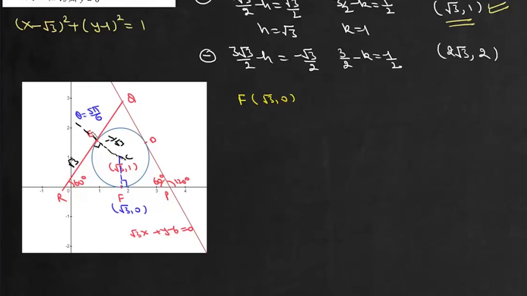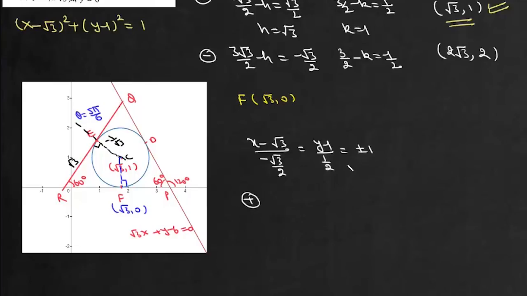Now we can write the equation of this line EC in terms of parametric coordinates. So this equation will be x minus root 3 upon cos 5 pi by 6, that is under root 3 by 2, y minus 1 upon sin 5 pi by 6, which is 1 by 2, and will be equal to plus or minus 1.